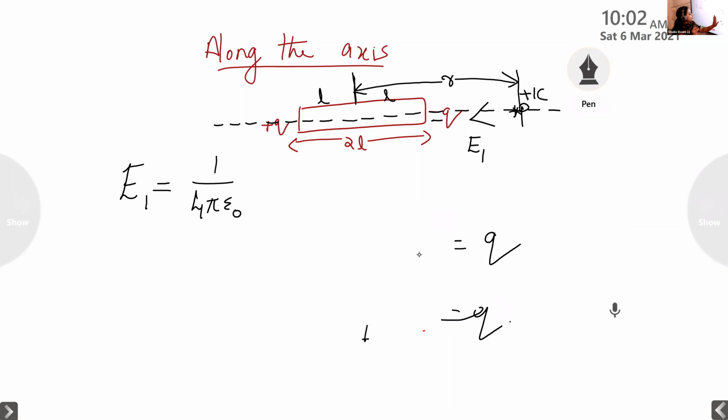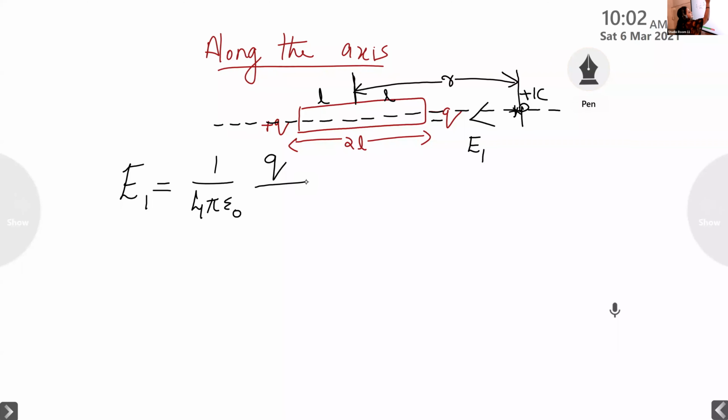Okay. So according to Coulomb's law, what is the electric field at that plus 1 coulomb charge due to the charge minus Q? E1 is equal to 1 by 4 pi epsilon 0, Q divided by, what is the distance of separation between the charge plus 1 coulomb and that of the minus Q?